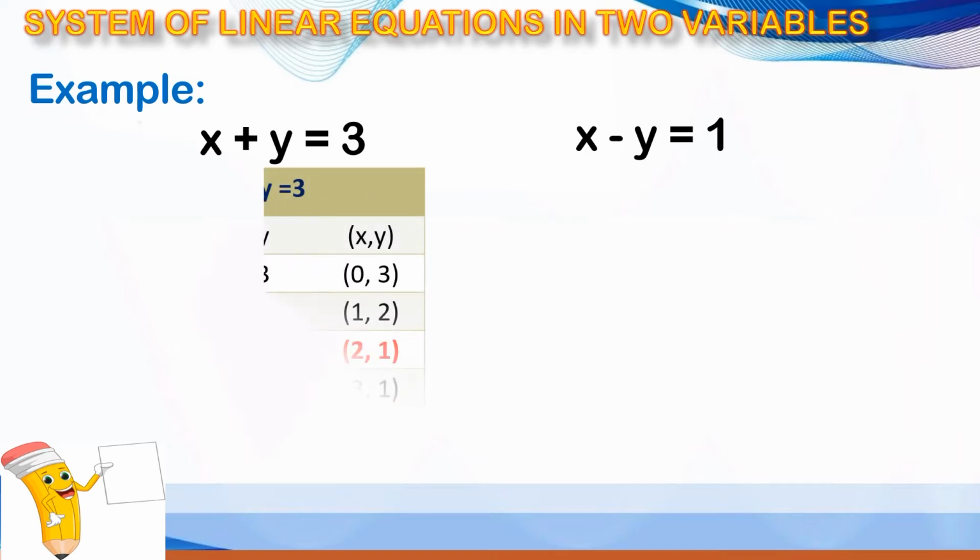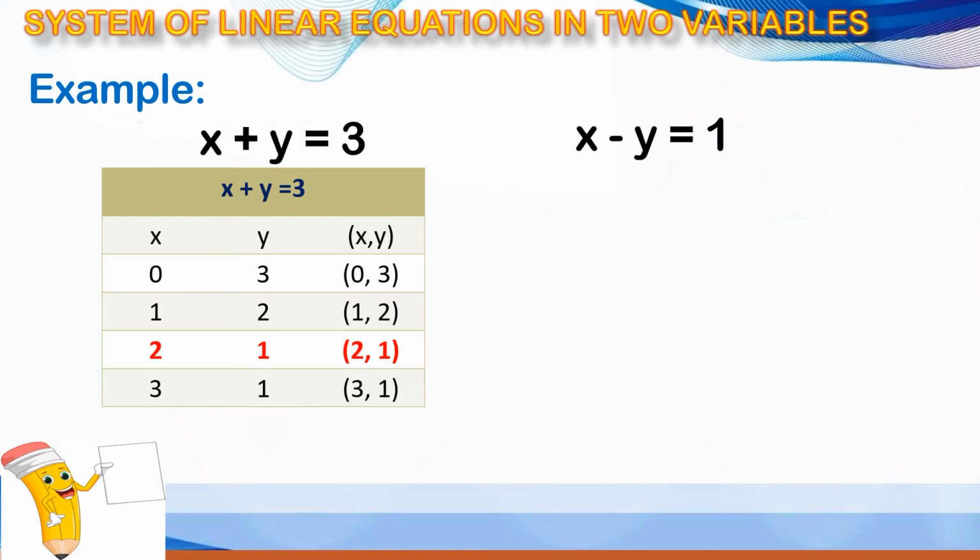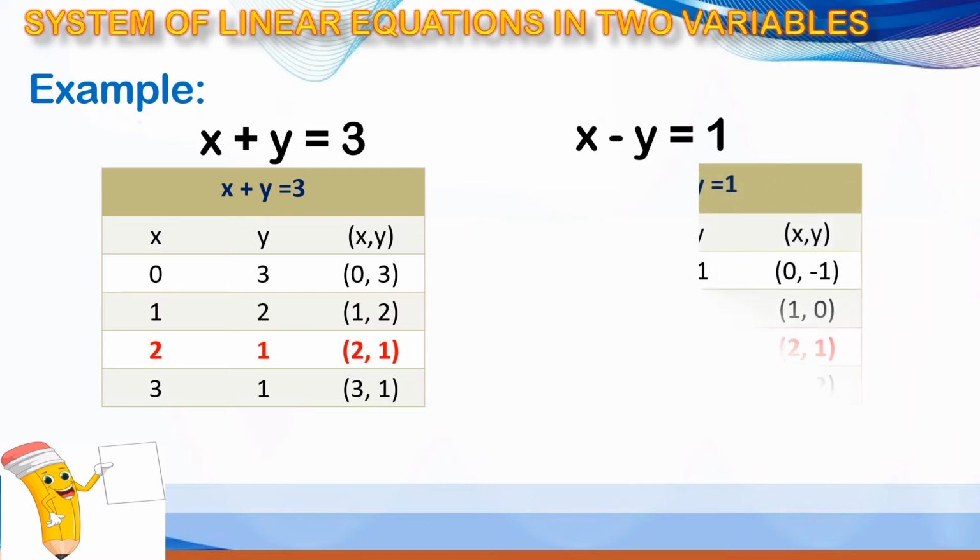Similarly, if we have the equation x minus y equals 1, we can also say that there are infinitely many pairs of numbers whose difference is 1. So there are also infinitely many ordered pairs in the form of x and y that will satisfy x minus y equals 1, and some of these are shown in the table.